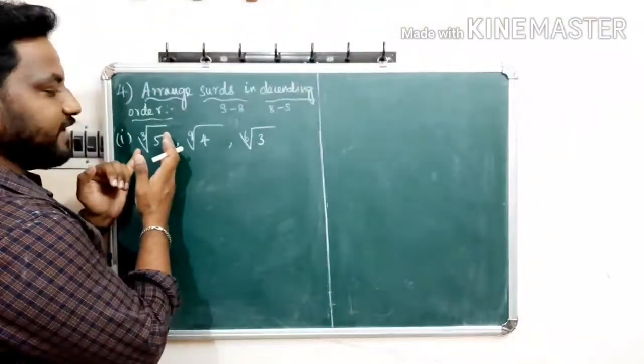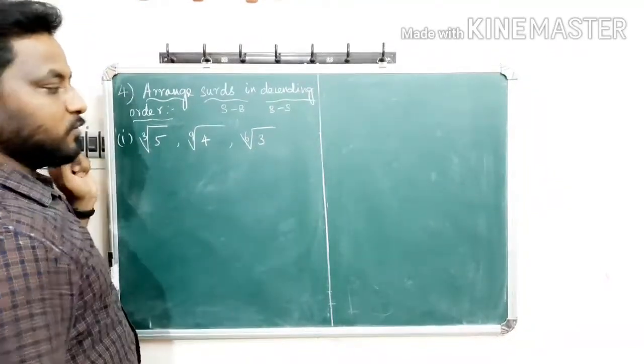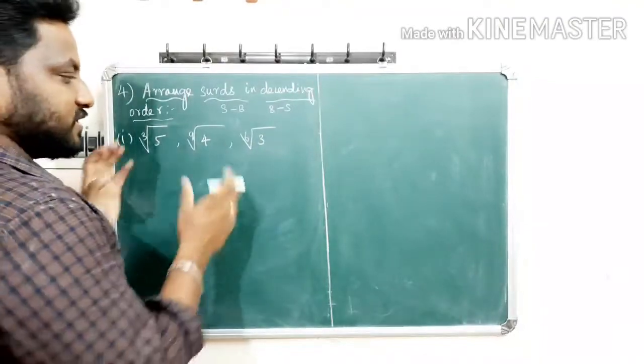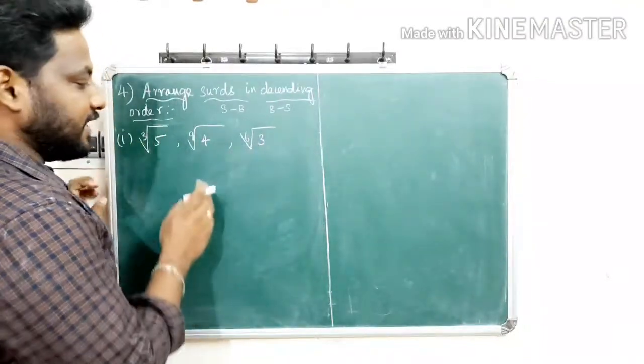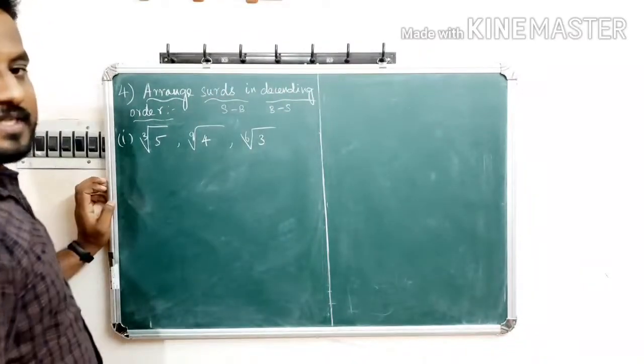We don't know the exact value of cube root of 5, 9th root of 4 and 6th root of 3. So first of all we have to find the exact value of the given numbers, and then write them in descending order.